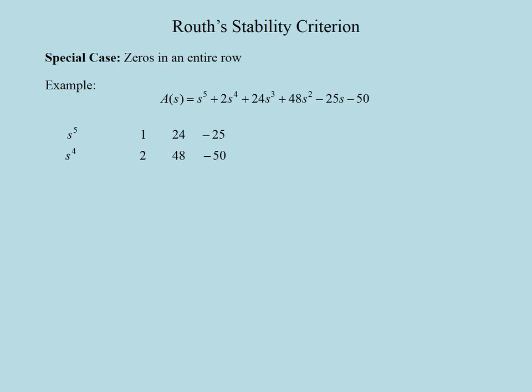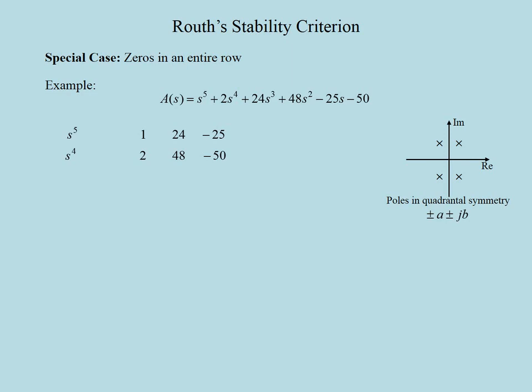So both elements in the next row will be 0. Such a case will occur whenever the polynomial has some roots in quadrantal symmetry. In other words, whenever there are roots which are symmetric not only with respect to the real axis, but also with respect to the imaginary axis.